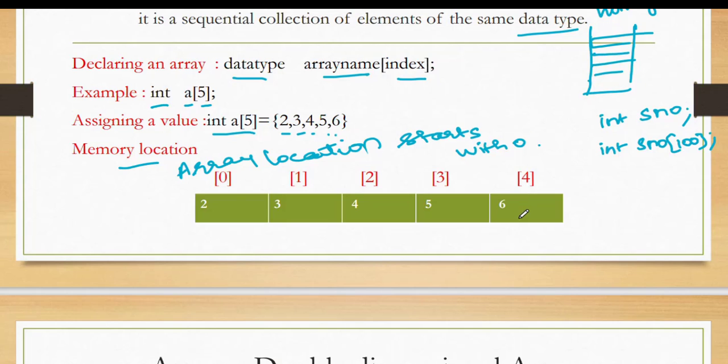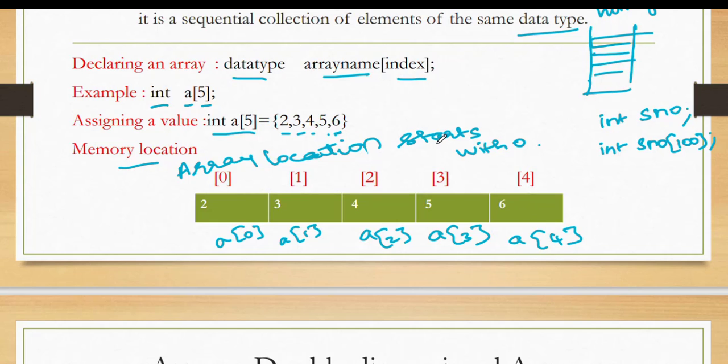After assigning the values, the memory locations are: this is a of 0 and this is a of 1, both small a. In a of 2 location, 4 is assigned, in a of 3 location, 5 is assigned, and in a of 4 location, 6 is assigned.